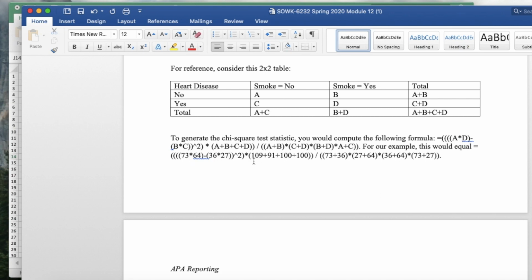Because obviously your numbers, your statistics are going to be different. So in Excel, what we want to do is create this 2x2 contingency table for reference. And then once we created that, we'd want to enter in this formula here through typing. And for this, really quick, all I'm going to do is copy and paste this formula in.